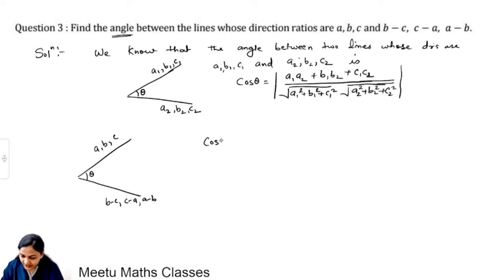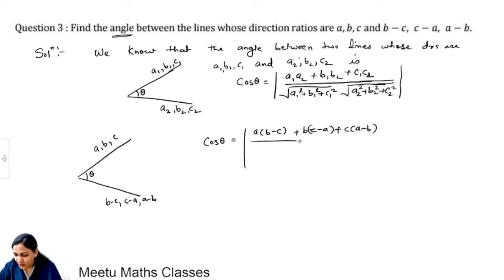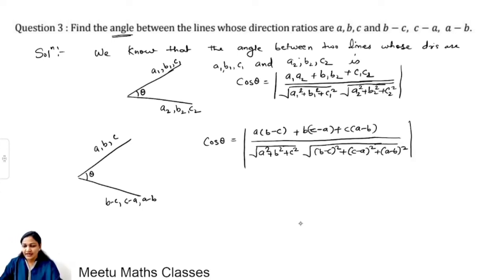So cosine of theta must be equal to a into b minus c plus b into c minus a plus c into a minus b, whole upon square root of a square plus b square plus c square and square root of b minus c whole square, c minus a whole square and a minus b whole square. Now the numerator will become 0, so the whole thing will become 0, and cosine of theta is 0. That means theta must be equal to pi by 2. So the angle between these two given lines is 90 degrees.